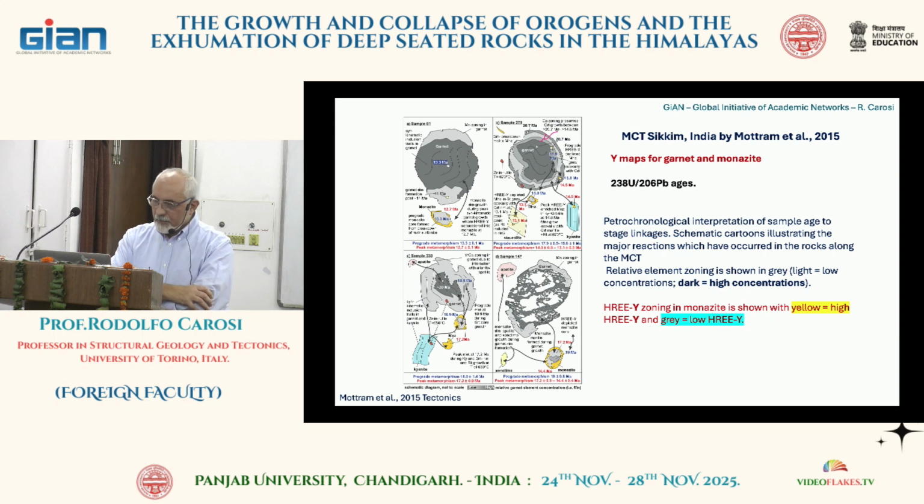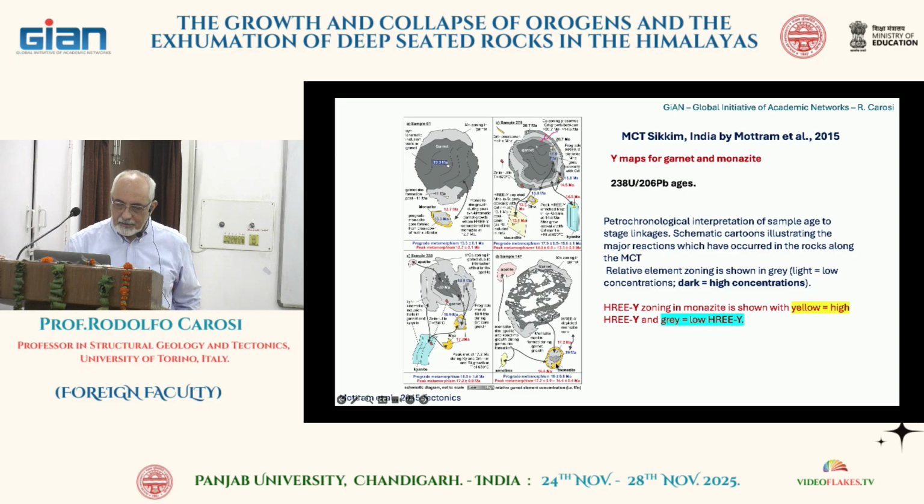So you can refer to the prograde metamorphism and retrograde metamorphism that happened during the Main Central Thrust activity, and they use the yttrium content of monazite and garnet because when yttrium is sequestrated by garnet, it is depleted in the contemporaneous monazite, and the opposite happens when yttrium is released by garnet during retrometamorphism, and it is sequestrated by monazite.